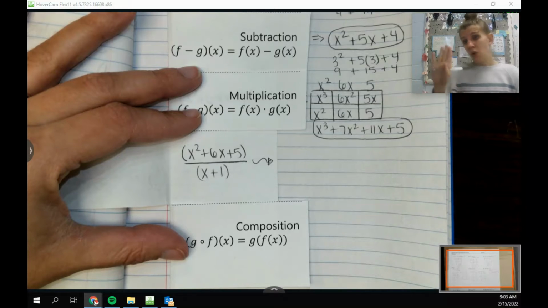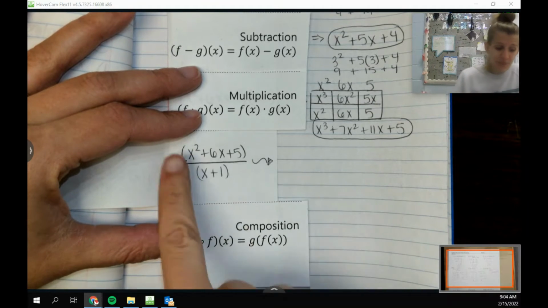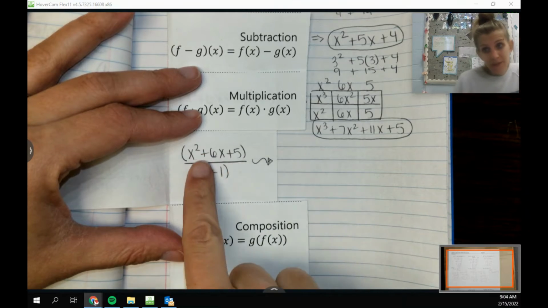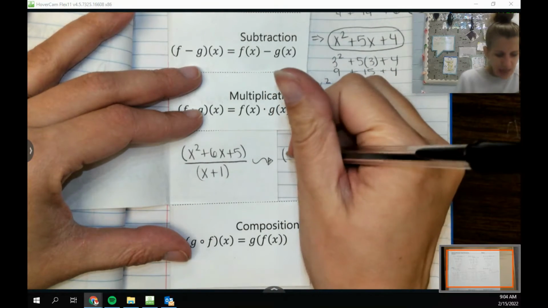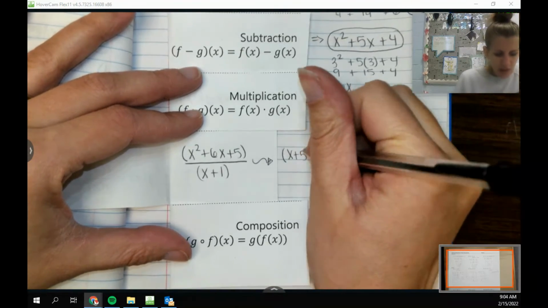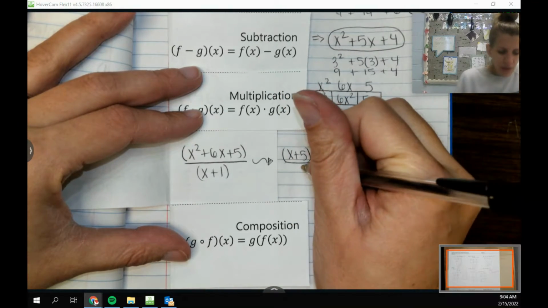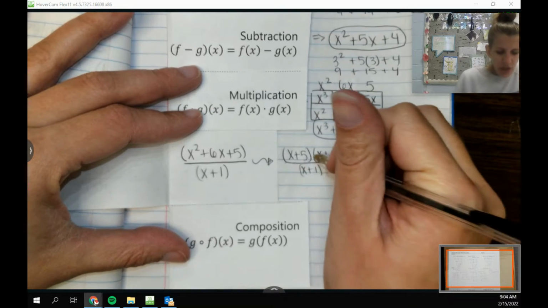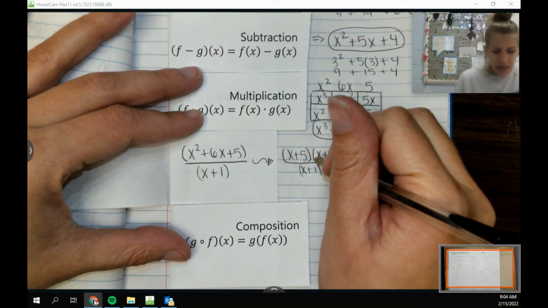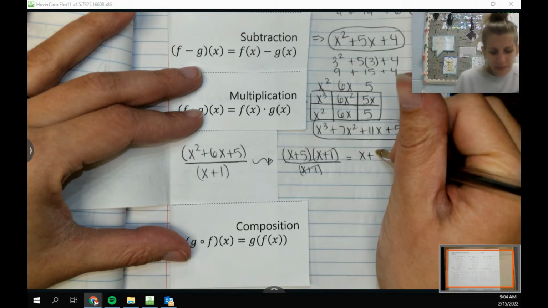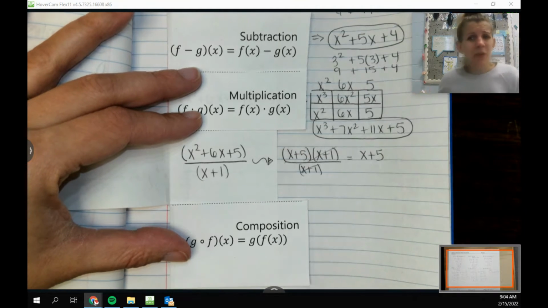We're going to talk about this in a whole other chapter, but I could probably factor that numerator. What multiplies to 5 and adds to 6? That'd be 5 and 1. So we'd write it x plus 5, x plus 1. And now because I have multiplication in the top, I can divide out these entire factors, and we get x plus 5.